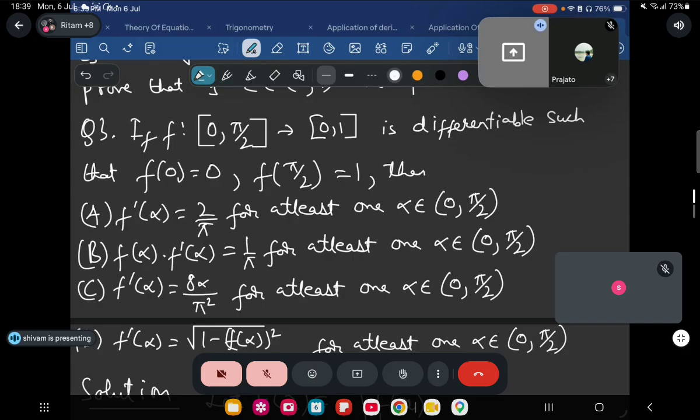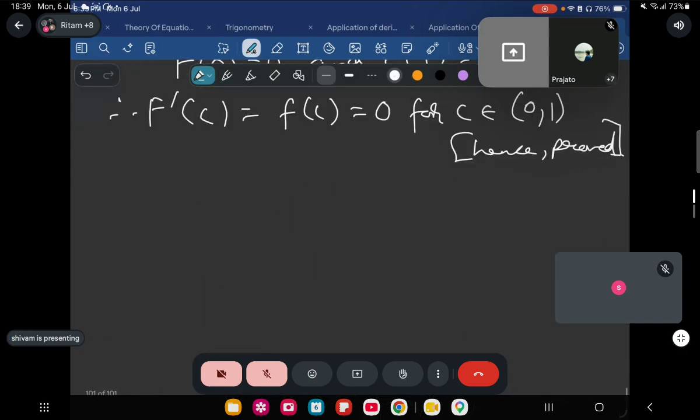Yes, let me solve this one. Everyone pay attention. I need to come to a point such that f dash alpha is equal to 2 by pi, right? Let g of x be equal to f of x minus 2x by pi, right?